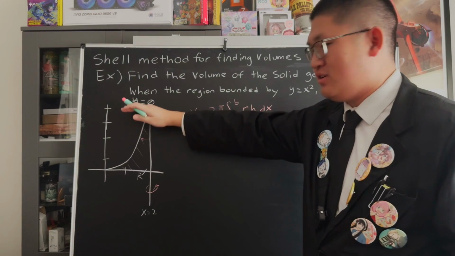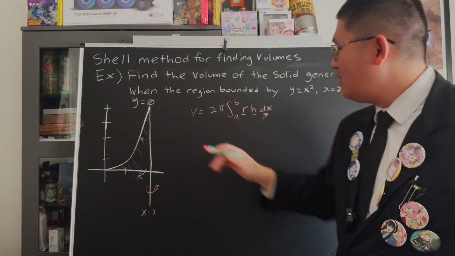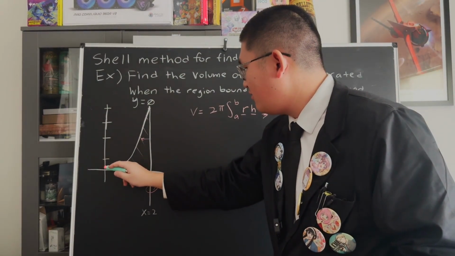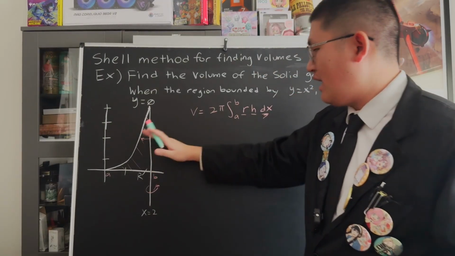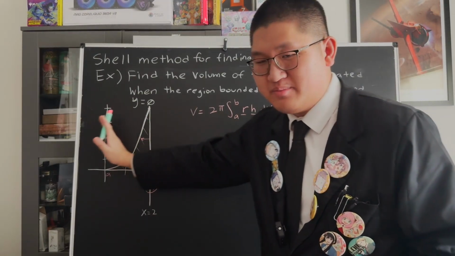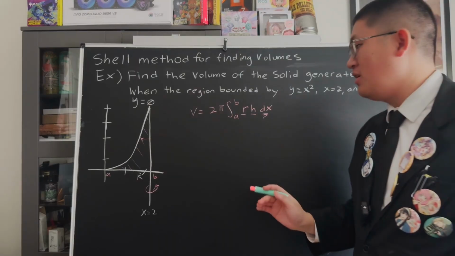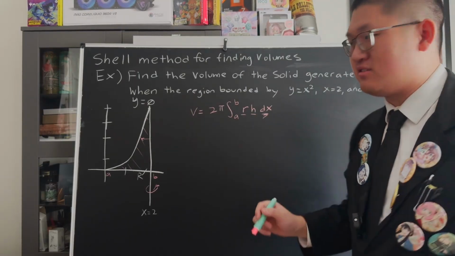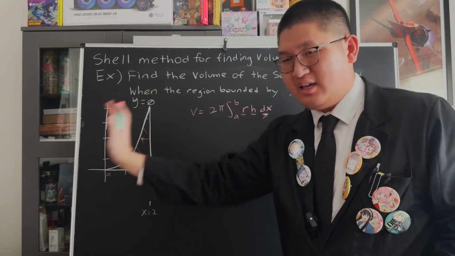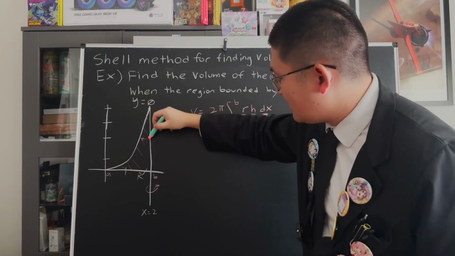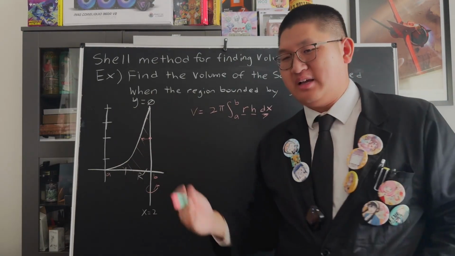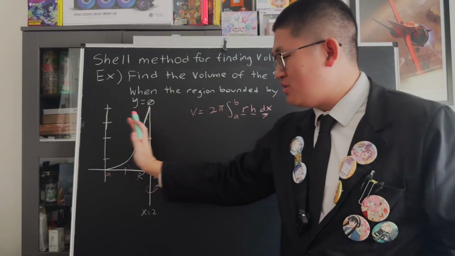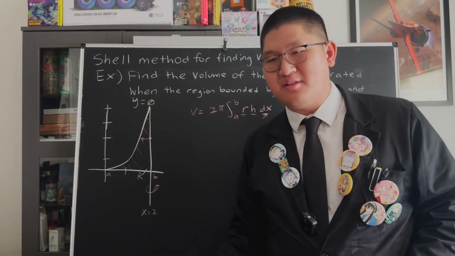We're not looking for horizontal length in terms of x, but we are looking at how far the actual limits go from a to b. Again, how long we're going to make this shell go. That's going to be defined as the radius, of course: how far away each shell is from the center. You can imagine this as the center of the rotation, going all the way around in circles as we continue to go from one end to the other.